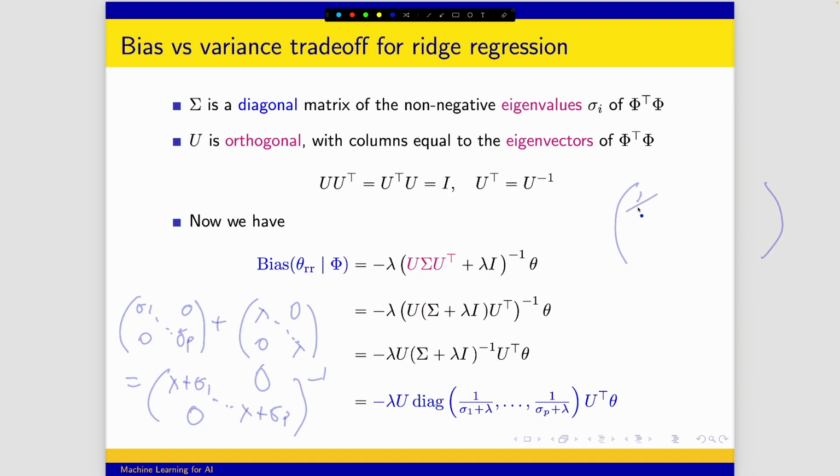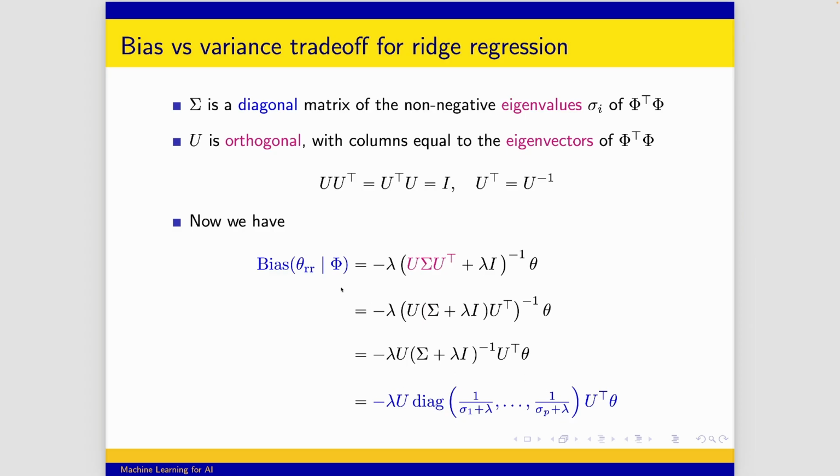So this becomes 1 over lambda plus sigma 1 down to 1 over lambda plus sigma p, and everything else remains 0. So that's what I have here. I can write this matrix as diag, or diagonal matrix, 1 over lambda plus sigma 1 to 1 over lambda plus sigma p. This is notation for a diagonal matrix, and the entries inside the brackets refer to the diagonal entries because everything else is 0 anyway. So we've ended up with this here as the bias.